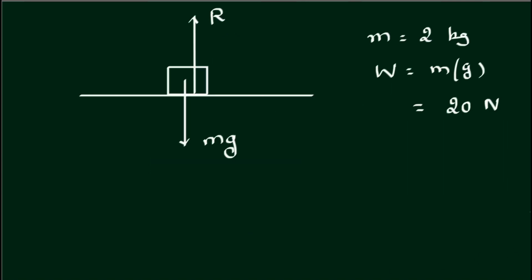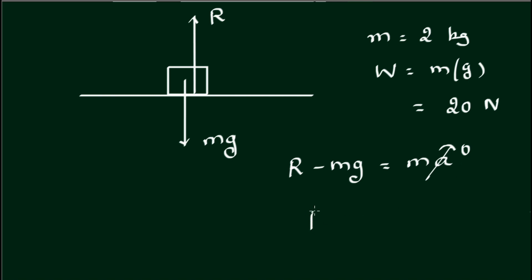But for this particular problem that we are solving, take a look. We have R and mg. And if I take upward direction as positive, we have plus R minus mg is the net force, which should be equal to mass times acceleration of the box. But we see that the box is not accelerating. It is sitting peacefully on the floor. So the acceleration is 0.